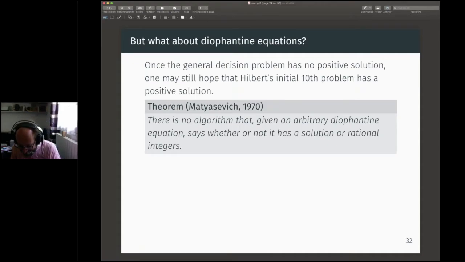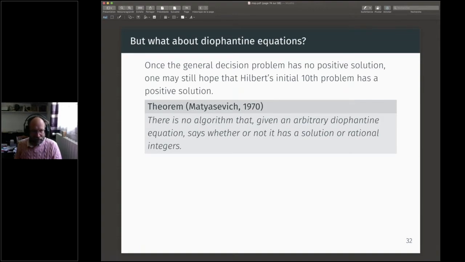What he does is incredible, and these other names should have been included in the name of the theorem, namely Julia Robinson and Putnam.